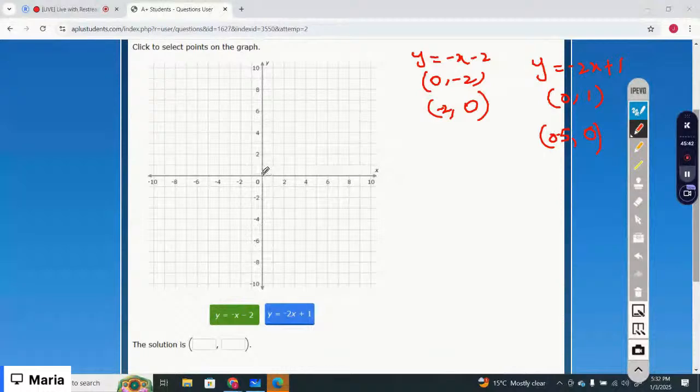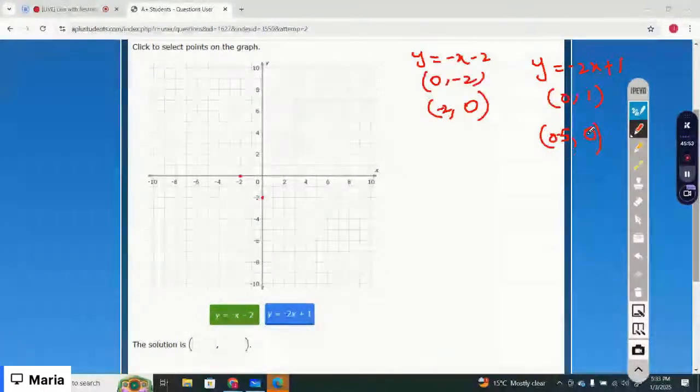X is 0, y is negative 2. And y is 0, x is negative 2. So that is line 1. We'll draw the line later.